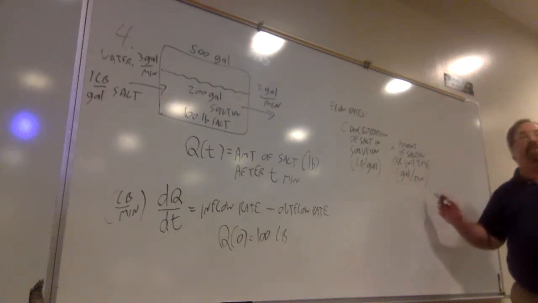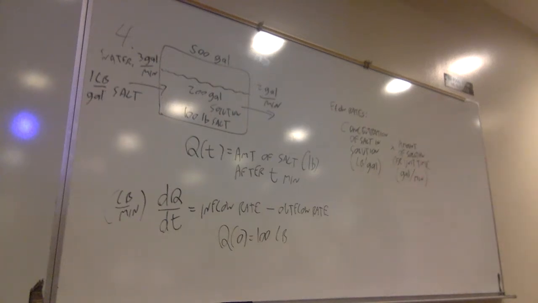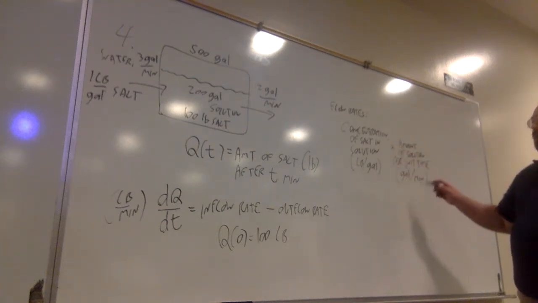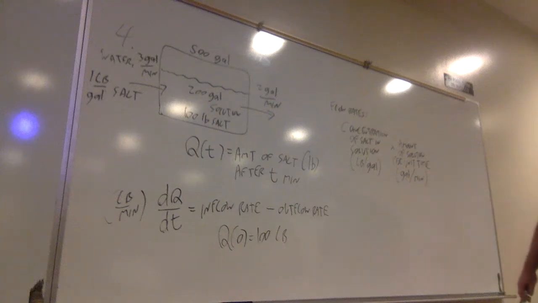Use the units that you have as a sanity check to see that you're forming the right thing to put in your equation. All right. So the idea is now we have to work out these two for inflow to be added and then outflow to be subtracted.